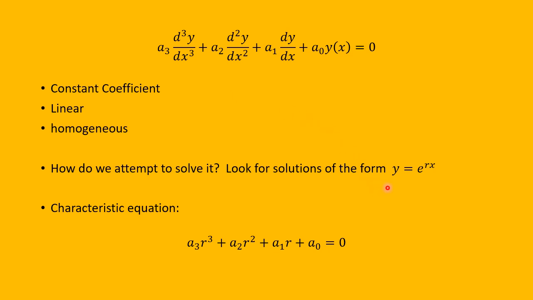We look for solutions of the form y equals e to the rx, and in that case, substituting that in, we can find the characteristic equation that r has to satisfy, and it's a sub 3 r cubed plus a sub 2 r squared plus a sub 1 r plus a sub 0 equals 0.